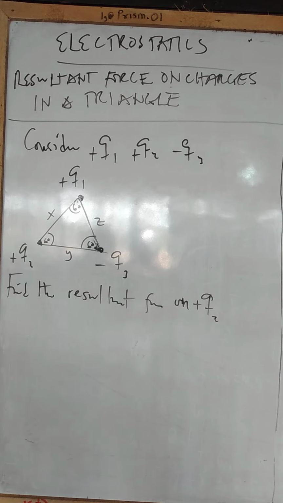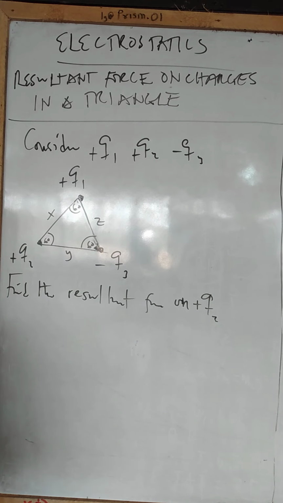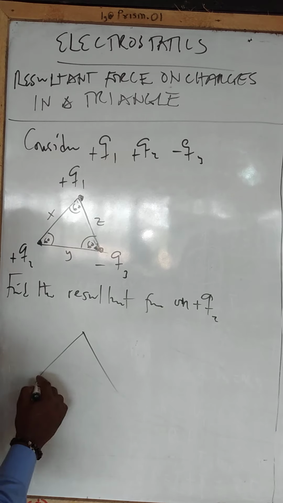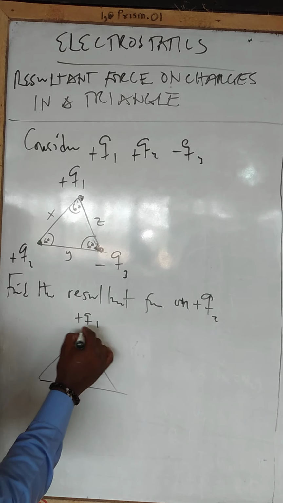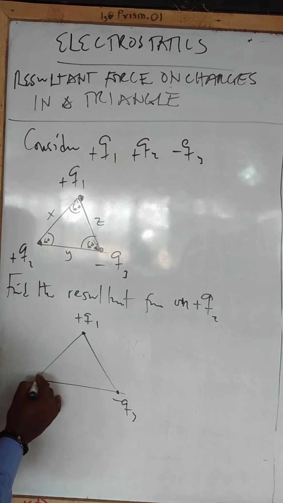How do we go about this? The first thing that we have to do is to look at the charge Q2 and see all the charges that are having effects on that charge. So I'm going to redraw the diagram again. This is plus Q1. This is minus Q3. This is plus Q2.